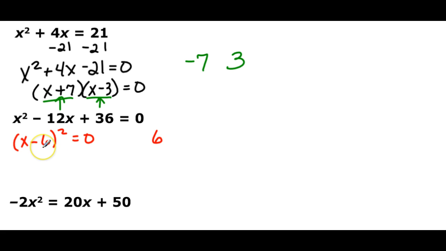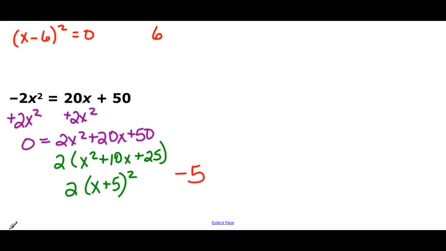Since this is really x minus 6 times x minus 6, they're both exactly the same. So the only value that will work is 6. Again, if you were to check this by graphing, you would expect to see a parabola that touches the x-axis only at the vertex.